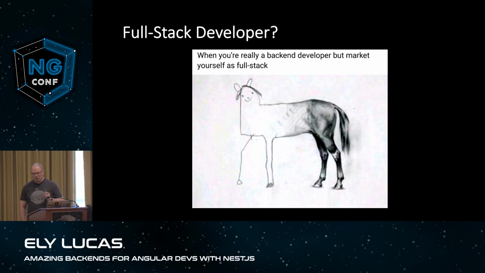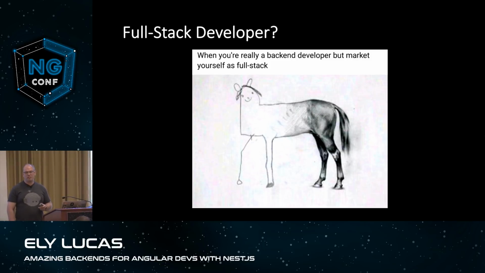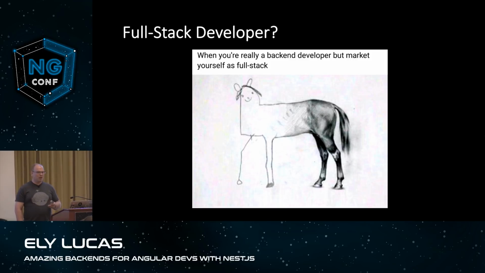So our initial solution was, let's make everybody a full stack developer. Let's get all the JavaScript developers up to speed on Java and get them up and running in IntelliJ and the build processes they had to do. It took a really long time, and the results kind of went back to the front end developers being front end developers, and the back end developers being back end developers.